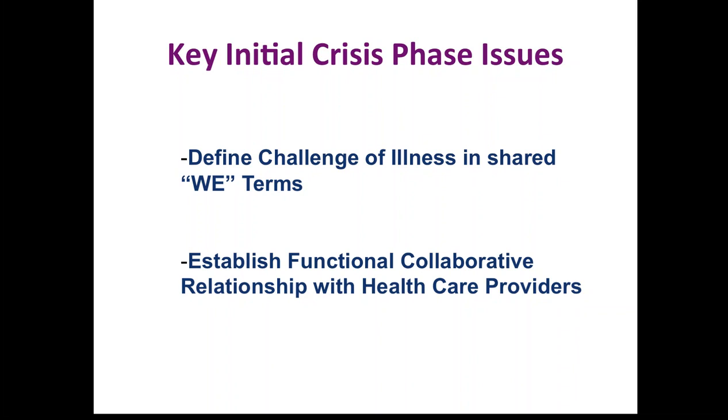This is particularly true for couples in my experience. The other part is establishing a functional collaborative relationship with the healthcare team. And again, in these situations, obviously there might be the primary care provider and it might be also specialty care providers. So it's really making sure that there's connections between all those folks.